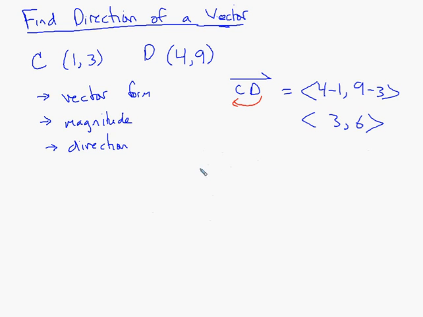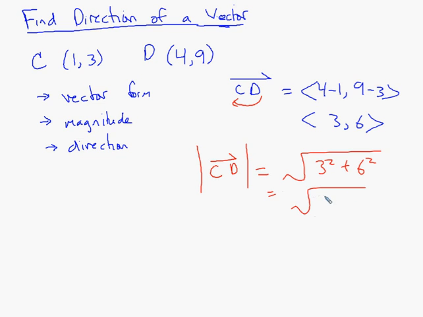Now, how do we get our magnitude? The magnitude of CD is basically Pythagorean theorem. So I'm going to do the square root of 3 squared plus 6 squared, which is, as Jarrett said, 9 plus 36, which is the square root of 45.